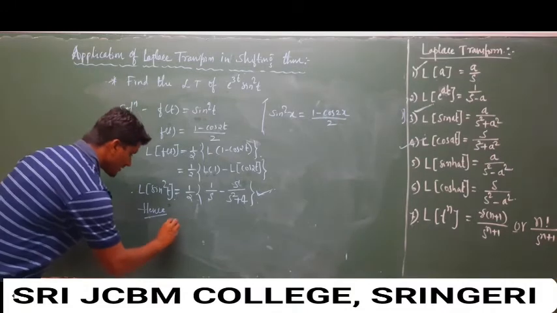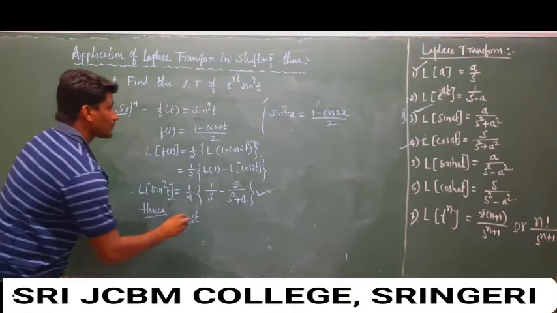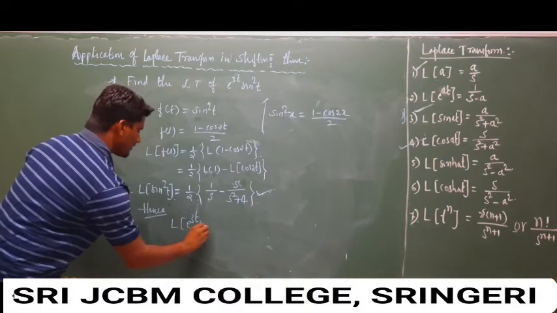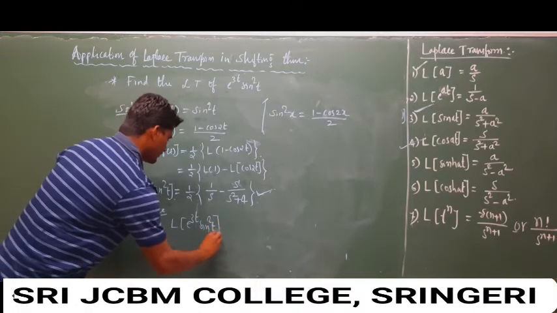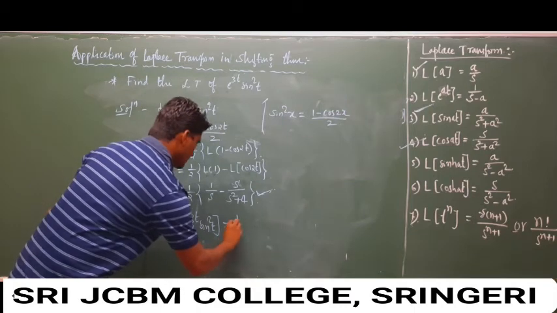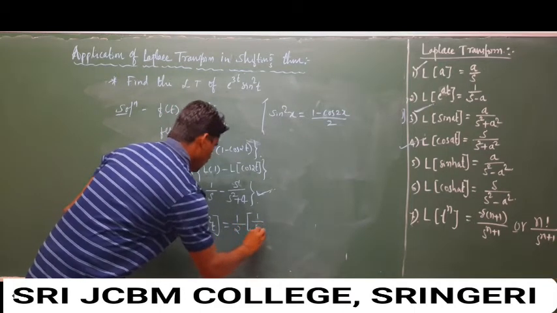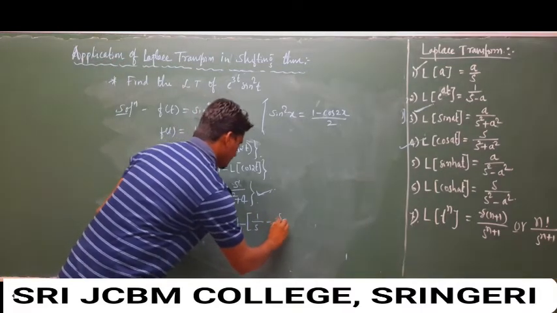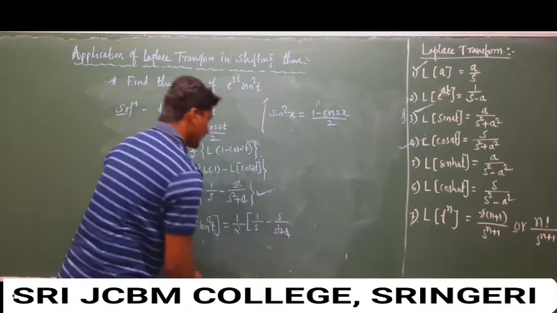The Laplace transform of e to the power 3t sin square t is equal to 1 over 2, 1 over s minus s over s square plus 4.